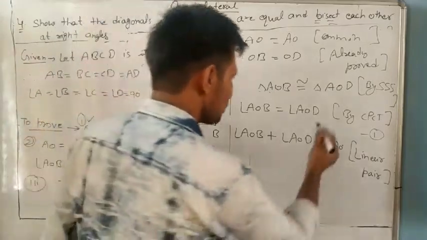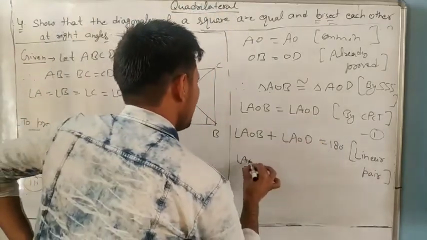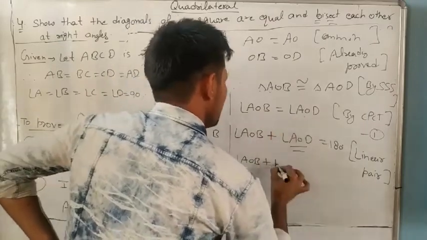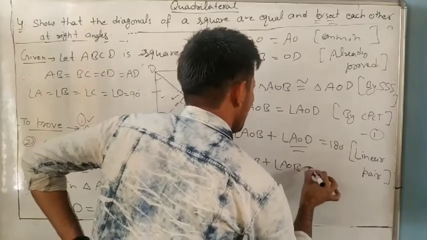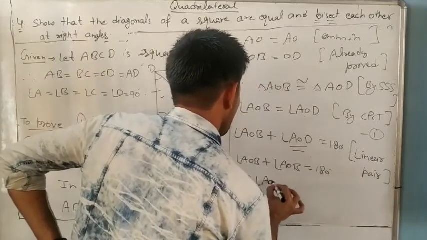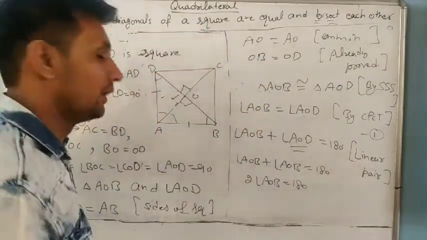So you can write AOD equal to AOB. In place of AOD, AOB plus AOB is 180. So 2 angle AOB is 180. Divide by 2.